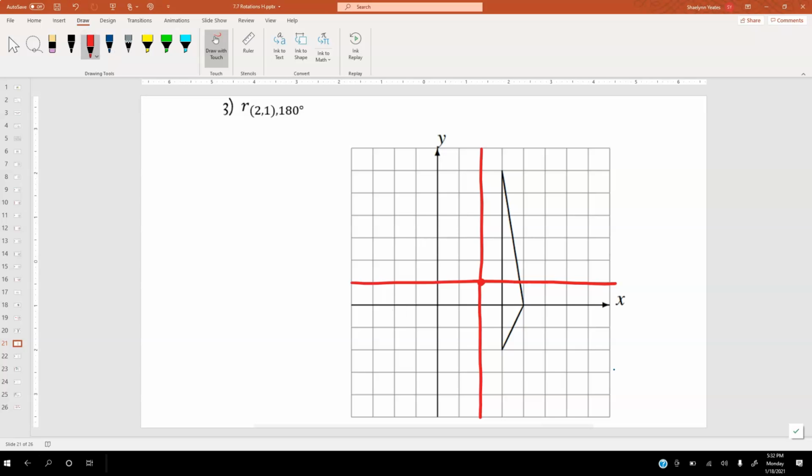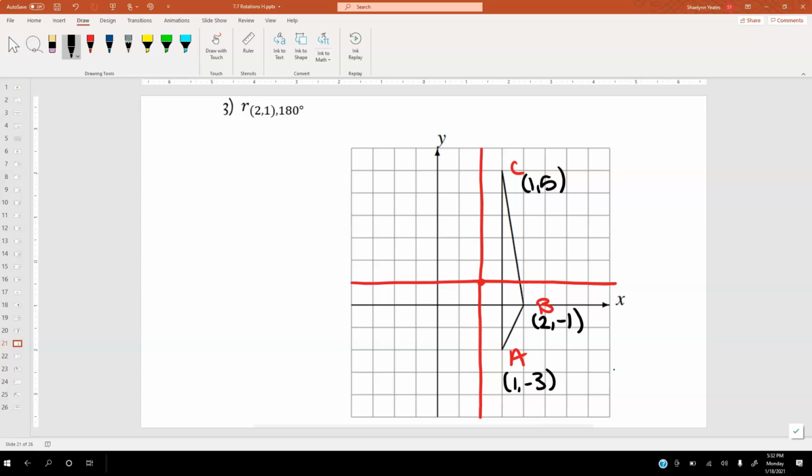So let's see what happens. First, I'm going to label them A, B, C. And in reference to my origin, B is at (2, -1). A is at (1, -3). And C is at (1, 5).